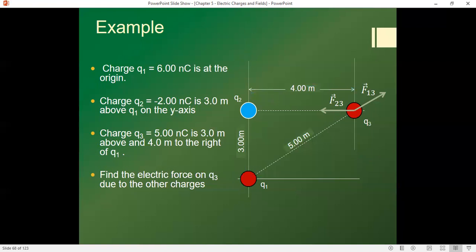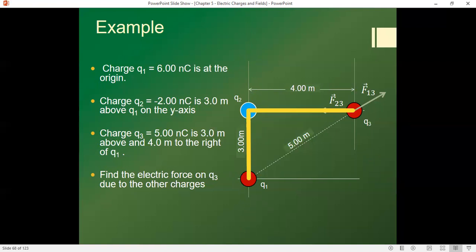I'm fortunate in that the way that I've set this problem up, the geometry is actually a 3, 4, 5 triangle. You probably would have noticed that, right? Because a line from Q1 to Q2 is along the y-axis. A line from Q2 to Q3 is in the X direction. X and Y are perpendicular.